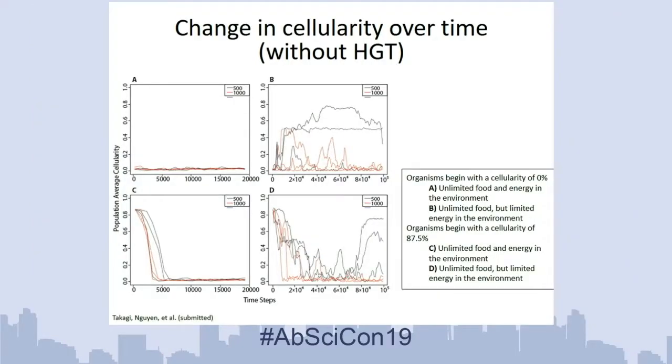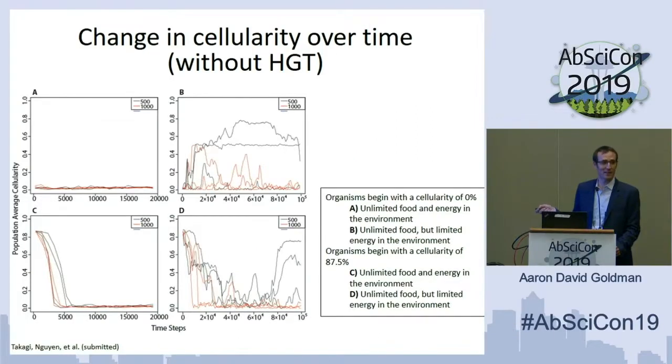But when there is limited energy in the environment and they have to do metabolism, with horizontal gene transfer turned off, it doesn't really settle. The cellularity doesn't increase to 100% or near 100%. It actually kind of fluctuates around. And you can see we've extended the simulation out to 10 to the 5th time steps, and it's still fluctuating around.